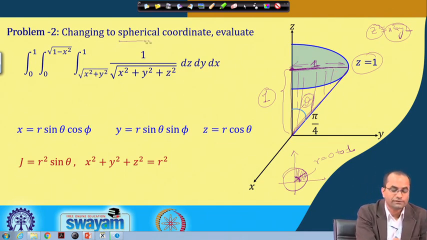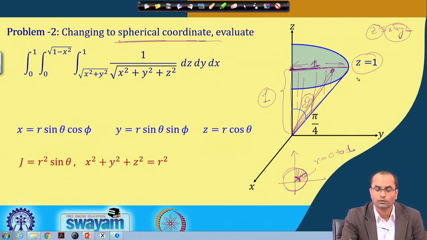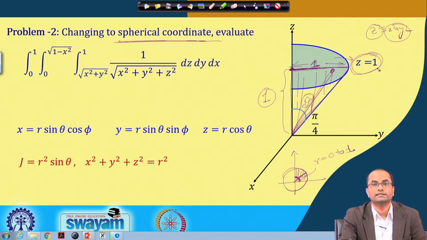We are talking about the spherical coordinate, so we need r. So, r will be the distance from here to the points, the maximum distance there on this circular disc. So, z is equal to 1, that circular disc is nothing but z is equal to 1 there. So, we are moving for r from 0 to that disc.